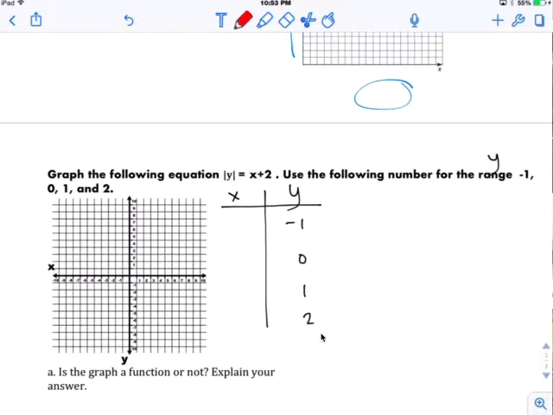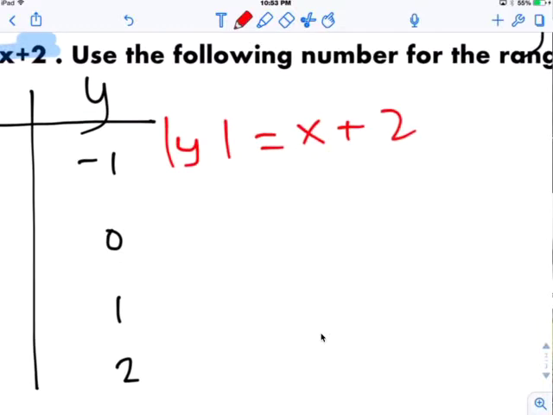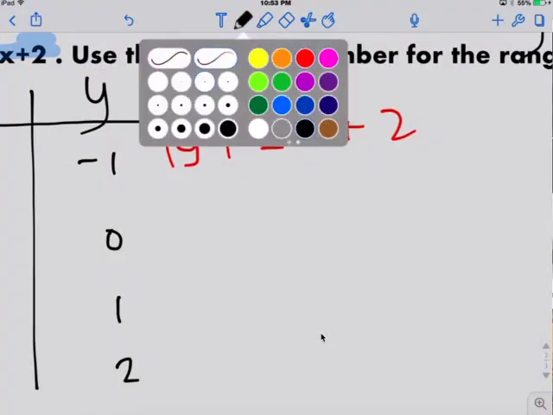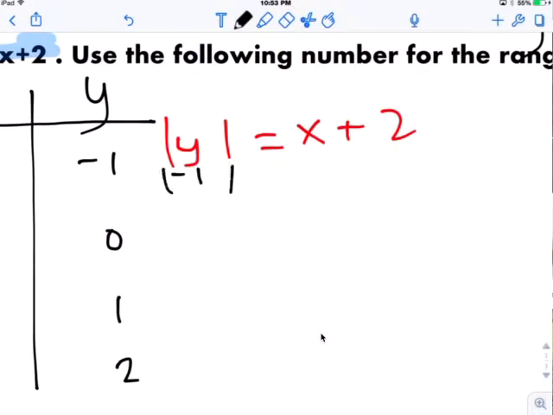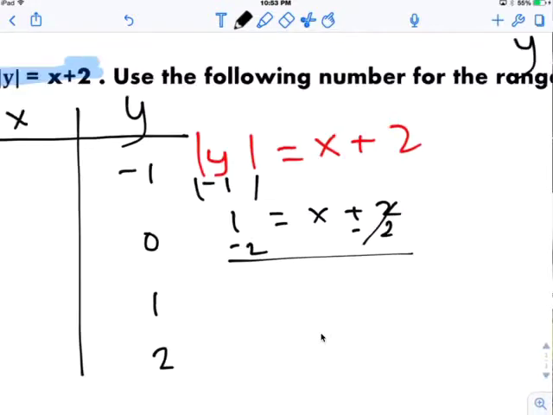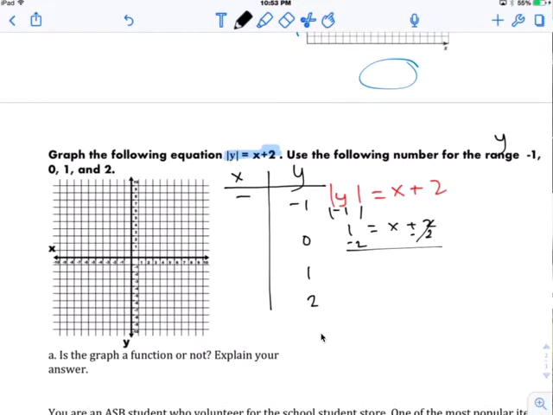So the absolute value of y equals x plus 2 right here. So you put y as -1. Absolute value of -1 is 1 equals x plus 2, minus 2, minus 2. X then is -1. That works.